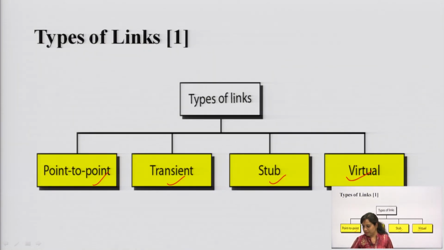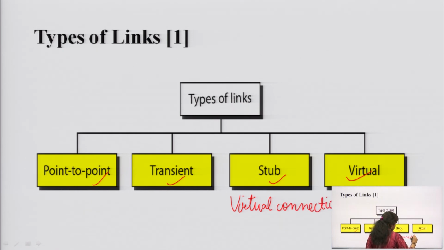Fourth one is left, that is the virtual network. In case of this virtual connection which has been set up, it is going to change depending on the requirement, depending on the different path lengths. Like in case of the Dijkstra algorithm, which I have shown in the previous example, whichever path is shortest, it is going to select.